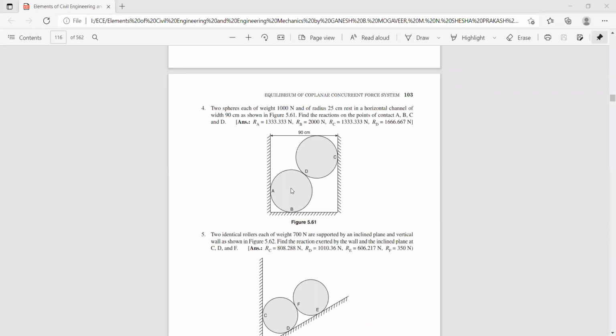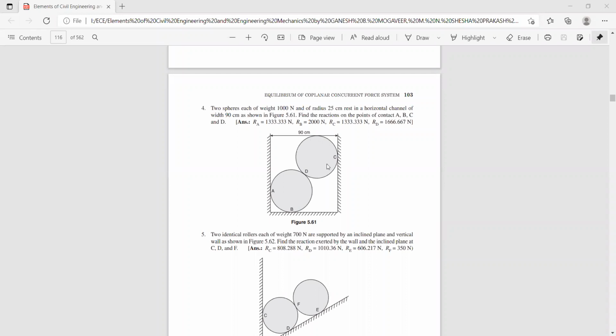And the weight of the sphere is 1000 Newton, acting vertically downwards. Here, in sphere 1, four forces are acting at this point, and you have 3 unknowns, RA, RB, and RD.